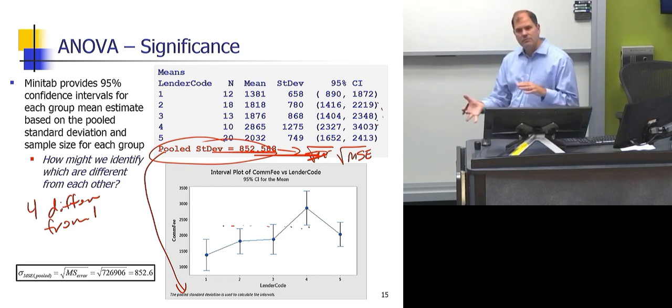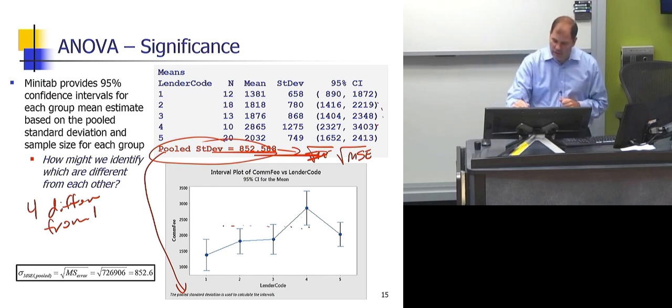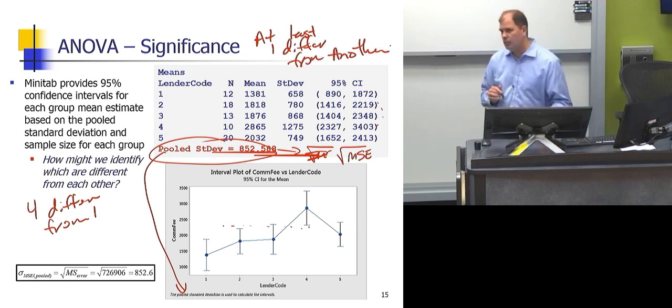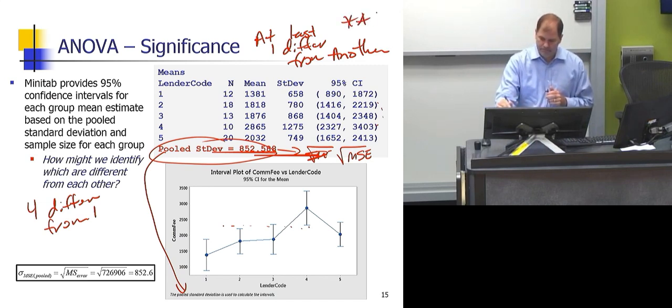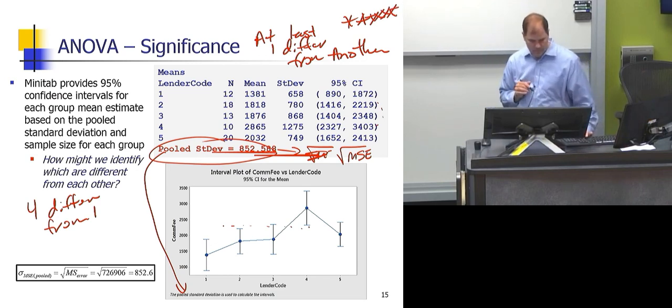And 2. Some differ from some others. Some are similar. It kind of depends on which way you draw your straight line. But what we learn here is that at least one differs from another, is what we say. We don't say that they're all different from each other. That's important to me that you understand that. We doing okay?